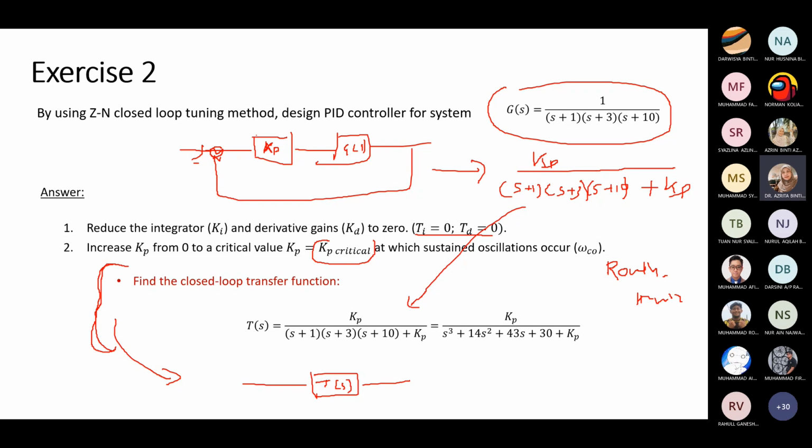Then you need to expand this equation until you obtain the polynomial form. So from here, we have s power of 3 plus 14 s power of 2 plus 43s plus 30 plus KP. Then we will use this characteristic equation to develop the Routh table.